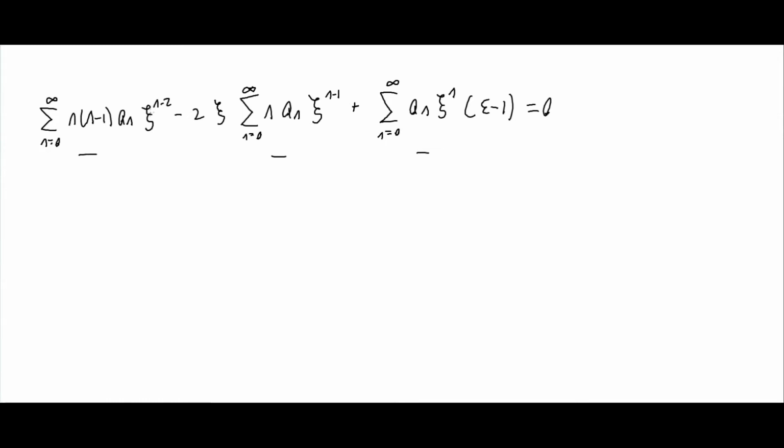Well, this one will just become Xi to the n if we take this in, but we can shift these n's around so that we end up with, and I'll just write the first term on here, n equals 0 to infinity, because these two terms will be much the same, n plus 2 times n plus 1 a of n plus 2, and then we have our Xi to the nth power, and then we will have the rest of this on here.